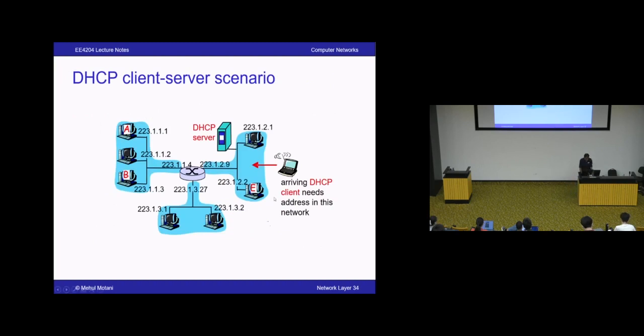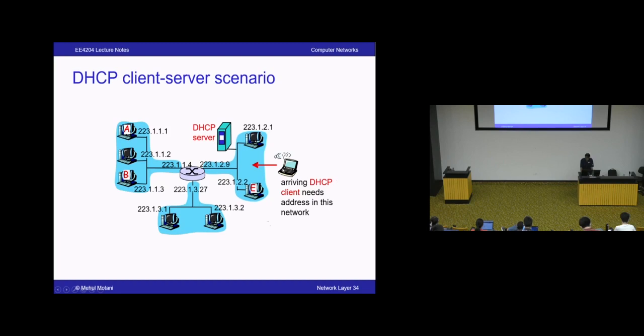Typically in a network, one of the computers is the so-called DHCP server. Often, this is your router. Your router can serve as the DHCP server.